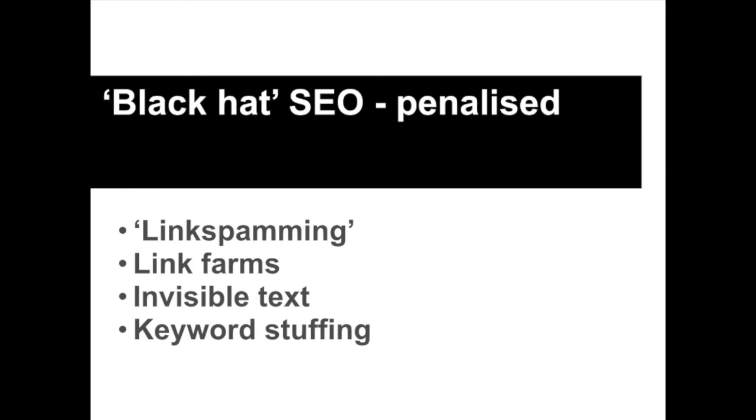There are some bad practices in search engine optimization known as black hat SEO, and these are penalized. So if you ever hear about any of these, it's worth basically not doing them. Link spamming, for example, is a term that refers to putting links to your content around the web or paying someone else to do that for you.